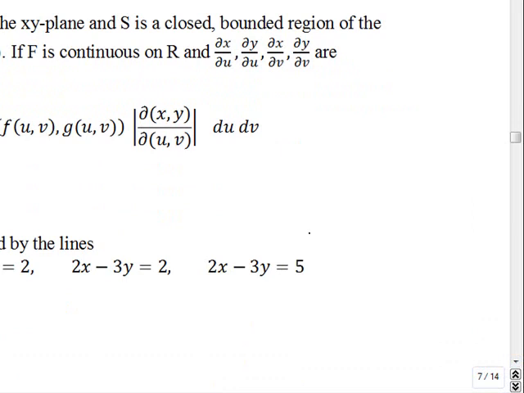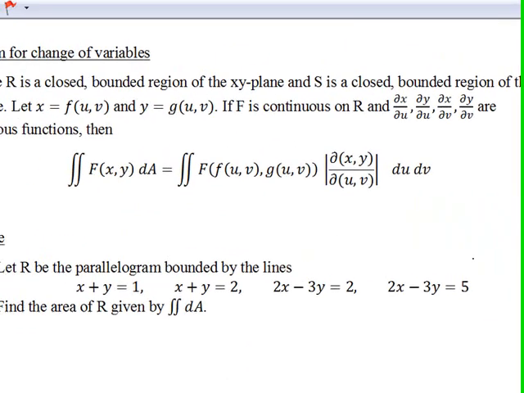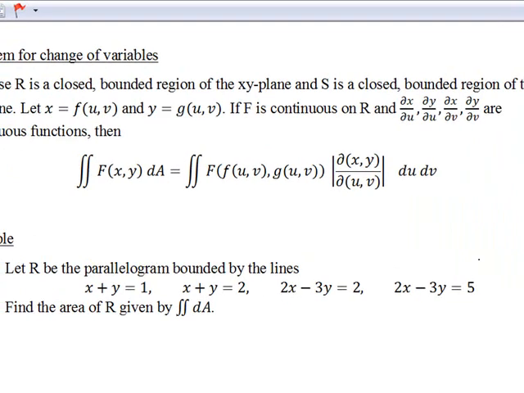Suppose R is a closed bounded region of the XY plane and S is a closed bounded region of the UV plane. So important, the regions have to be closed and bounded. They cannot be open. R is the old region, S is the new region. So here's the transformation. So let x equal f of u and v and y equals g of u and v.